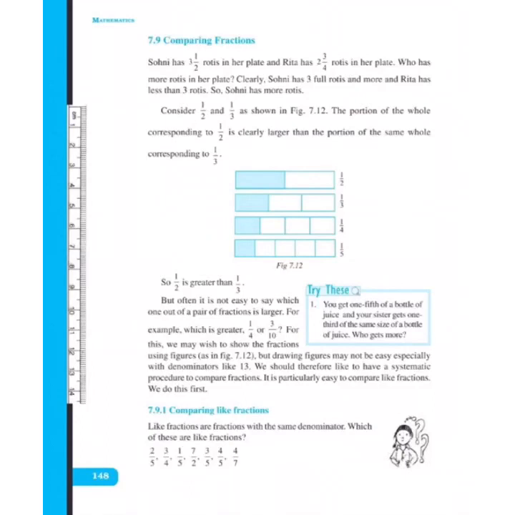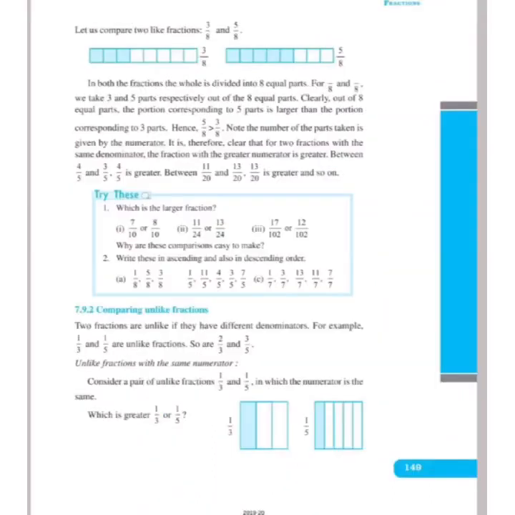So children, here 2 by 5, 1 by 5, 3 by 5 and 4 by 5 have the same denominator, 5. That means all these fractions 2 by 5, 1 by 5, 3 by 5 and 4 by 5 are like fractions.